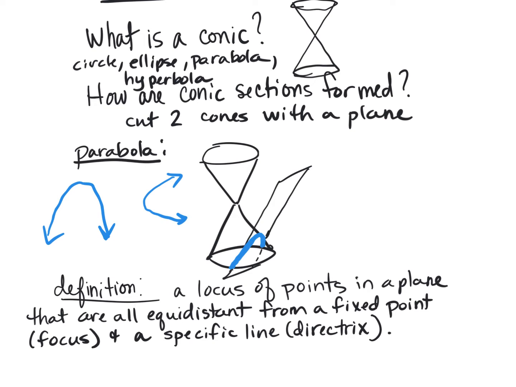A satellite dish is a parabola because all of the satellite signals come in, bounce off that dish, and all get reflected to a single point, that focus, which is the receiver. That's why you put it out there where the satellite is. The satellite beams signals to your dish. They all come into the dish and then focus into the receiver, which changes it from an electronic signal to a picture that you can see. That's how it works.